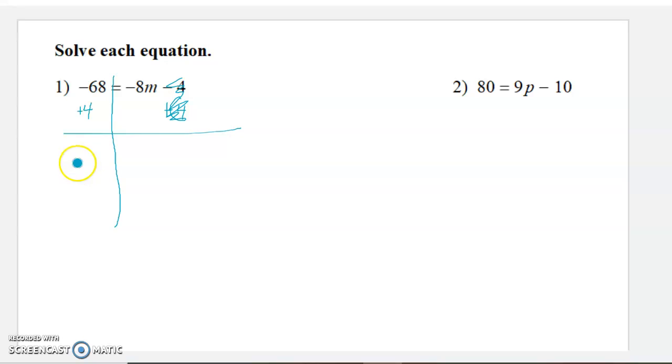Negative 68 plus 4 is going to give me negative 64 equals negative 8m. I'm going to divide by negative 8. Negative 64 divided by 8 is going to give me positive 8 equals m.